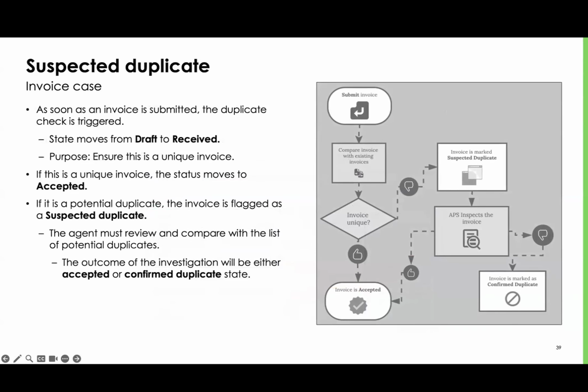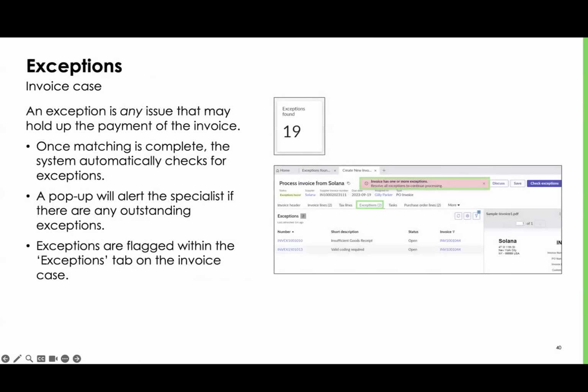It's also looking for duplicates out of the box, so we can see if something is similar or has already been submitted, and the system takes care of that for you. And of course, our exceptions handling.